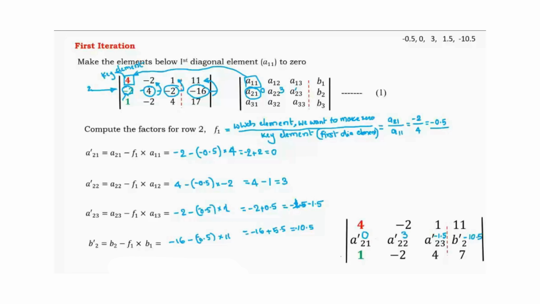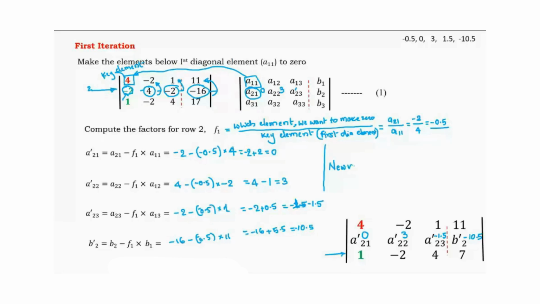The next task is to modify this row. Because we want to make this also equal to 0, the same procedure we have to adopt. For this, you remember an equation. This equation is used throughout this computation, and it is used in programming also.